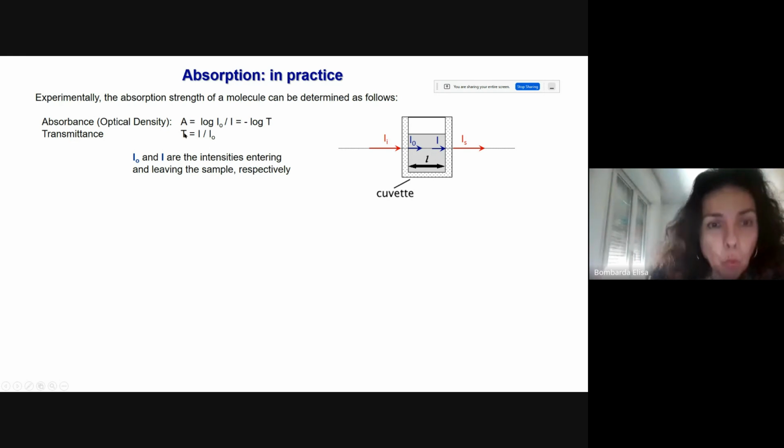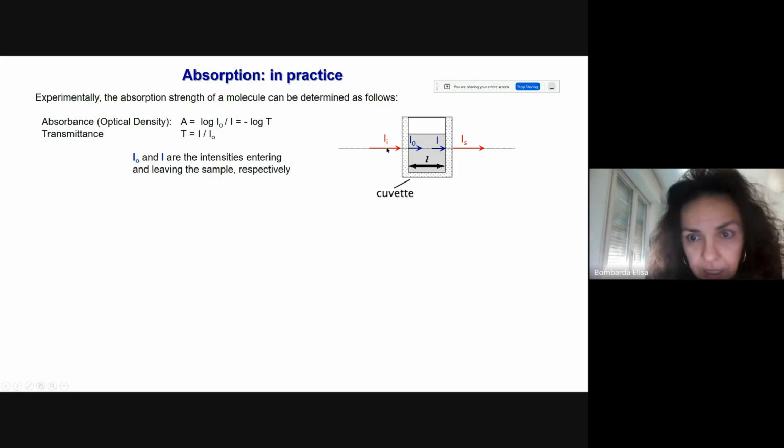Actually, what is measured in a spectrophotometer is the transmittance, because we illuminate the sample with a known intensity and then we measure what goes through.